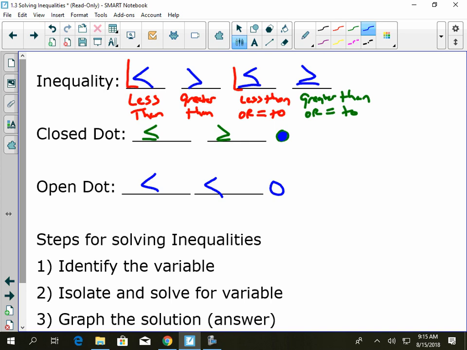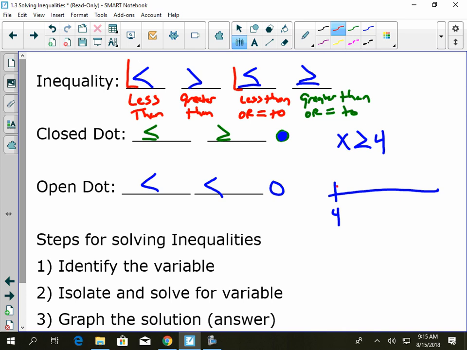So, when do we use a closed dot? What would that look like? It would look like this. If I'm graphing x is greater than or equal to 4, I have my number line. I put my 4. Now, is x bigger than 4 or smaller than 4? It's bigger. The monster eats the bigger number, right? So which way is bigger, to the right or the left?